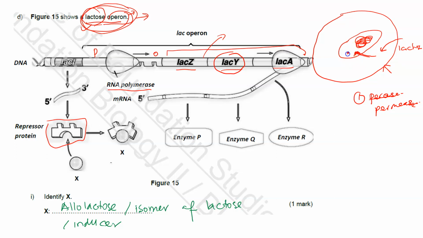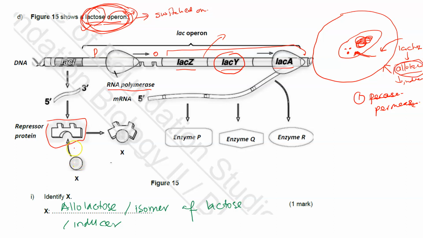Once lactose is inside the bacterial cell, some of the lactose will be converted into its isomer, which is allolactose. Allolactose functions as an inducer. Induce what? Induce the operon to be switched on. How?